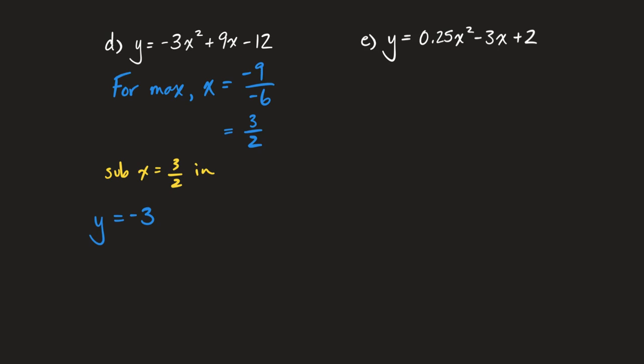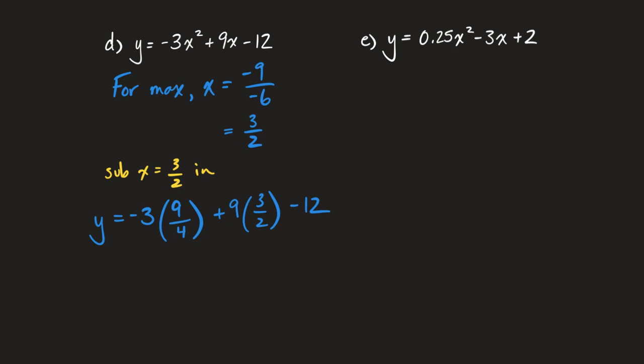I'm going to leave my coefficient out and simplify my power. Square the 3, square the 4. And do the same thing as I keep moving along. That means now I have my 9, I'm subbing in my 3 halves, and my minus 12.